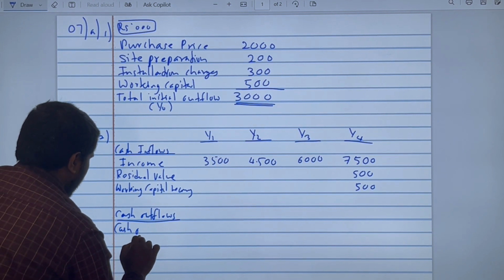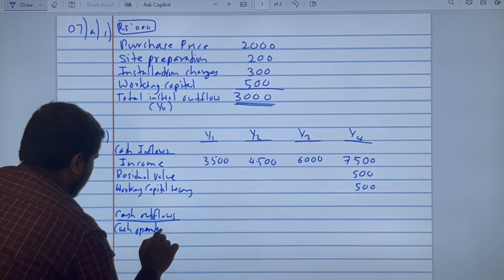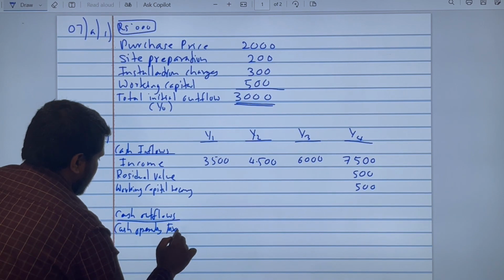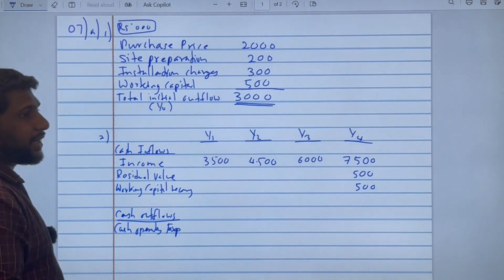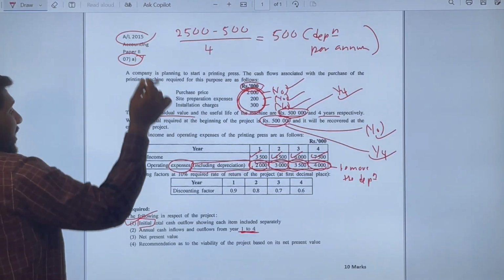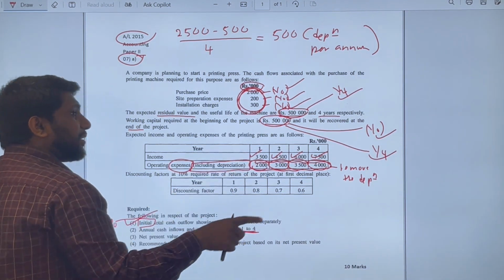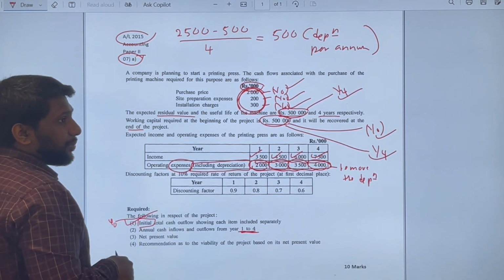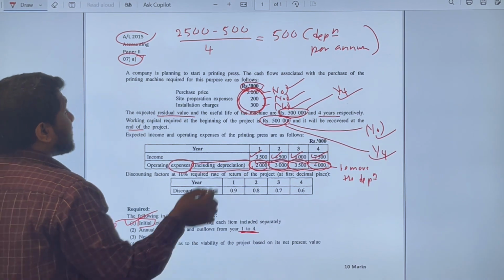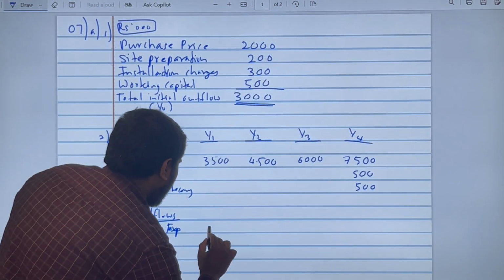Why did I use the word cash operating expenses? Because this operating expense 2,000 has the depreciation. So once you remove the depreciation, you are getting the cash operating expense. 1,500.